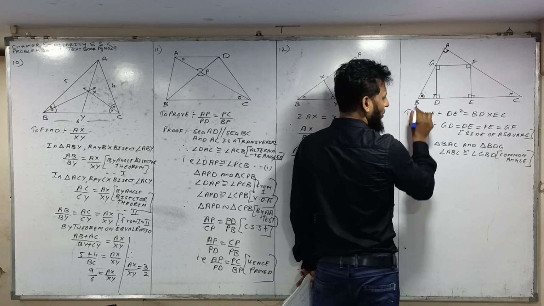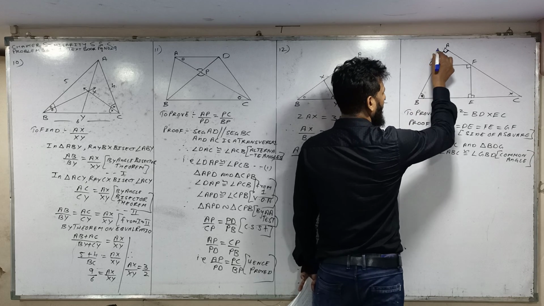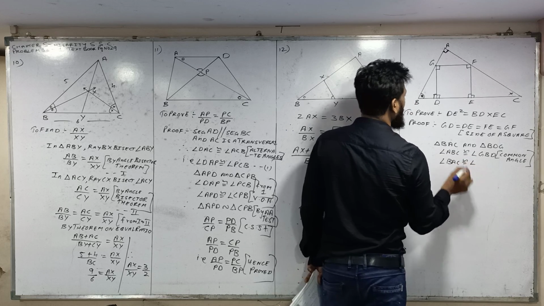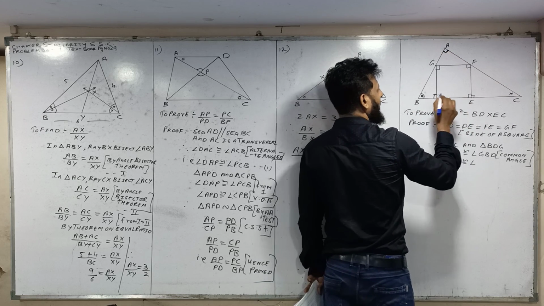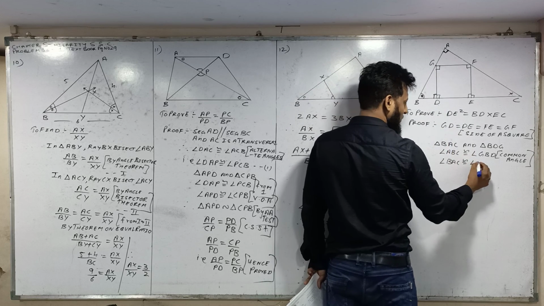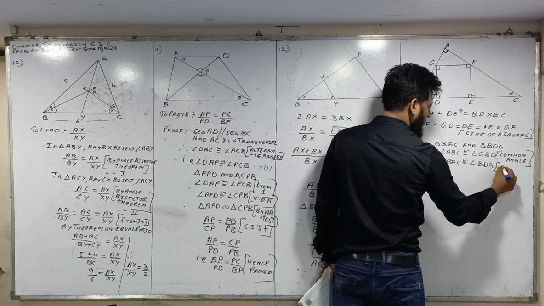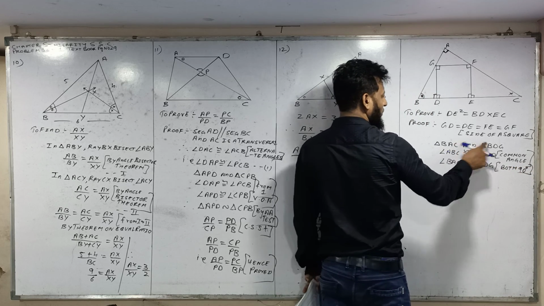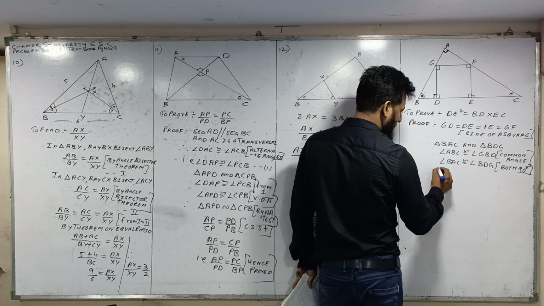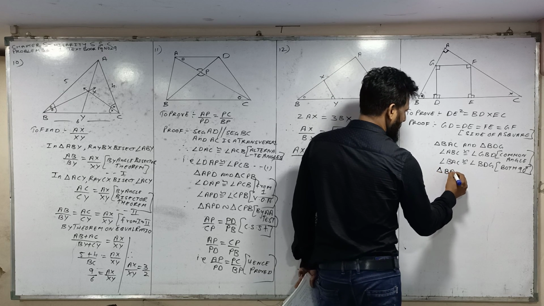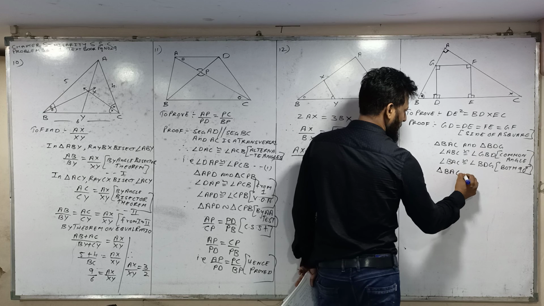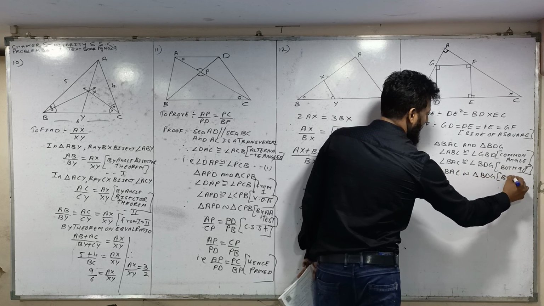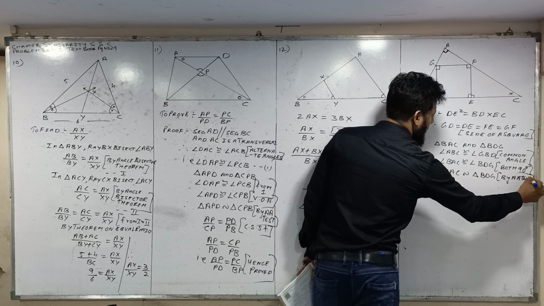Now this is the common angle, and in this triangle angle BAC, 90 degrees, is congruent to angle BDG, both 90 degrees, therefore they are congruent. So these two triangles are similar by AA test: BAC is similar to triangle BDG by AA test.